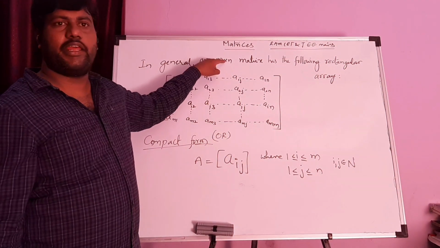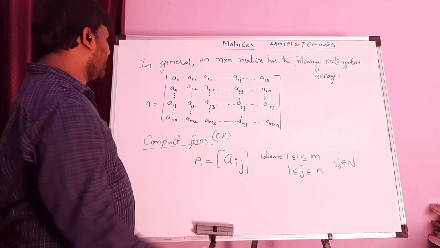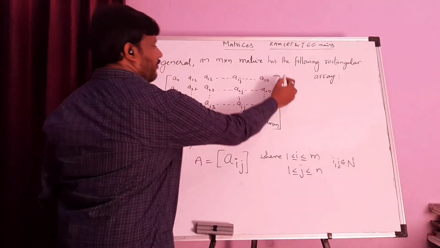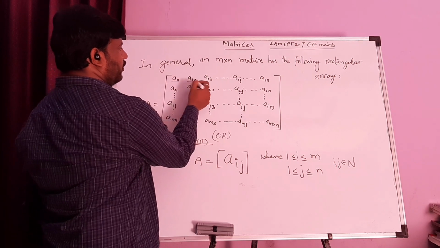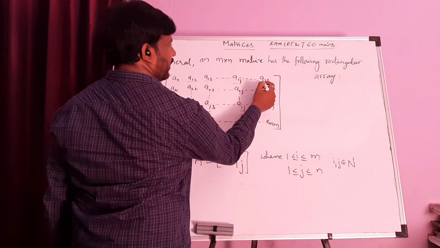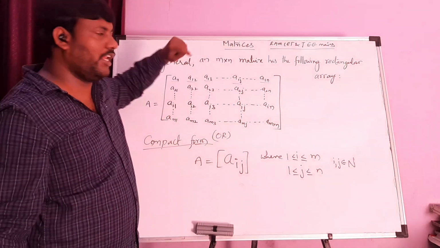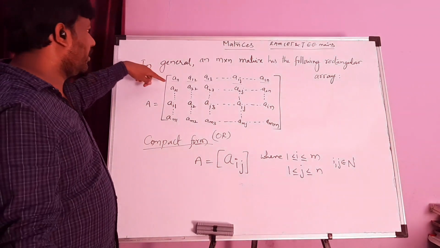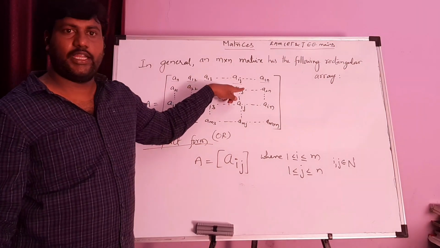In general, for an m by n order matrix, how can we represent it as a rectangular array? Let A be a matrix like this. The elements are a11, a12, a13, a1j, a1n. This contains the first row. Next, the second row: a21, a22, a23, a2j, like this.